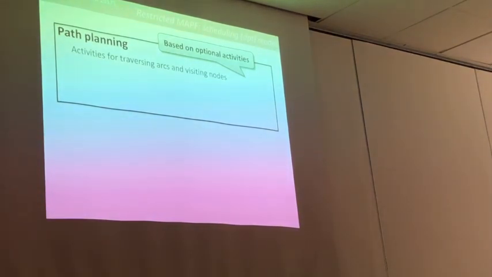Okay. So this is the path model, and the last model is a pure scheduling model, and it uses activities both for arcs and for nodes. Okay? And the idea is that for each node, we introduce one activity describing when the agent is staying in this node. If it's not staying there, then the duration of this activity is 0, it's empty. We introduce two activities describing that the agent must leave the node if it's not the destination, and must enter the node. Okay?